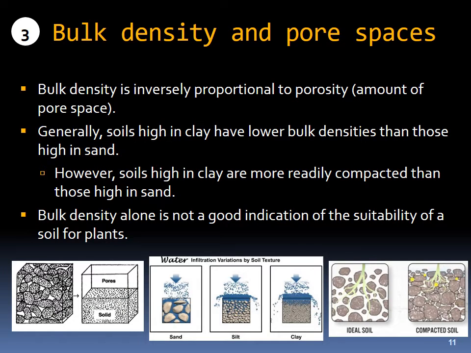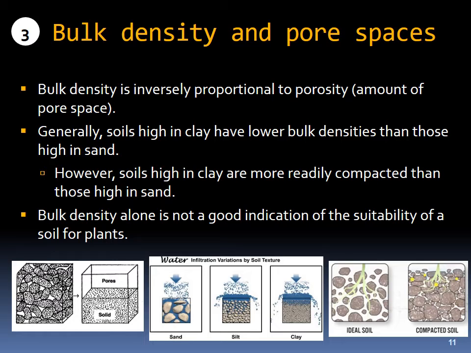Another important point that I want you to keep in mind is that different types of soil, different textural classes, would have different values of bulk density. So if you compare a sandy soil with a clay soil, you would find that the sandy soil would have a higher bulk density, because sand is made mostly of quartz, and quartz is very heavy, you know.